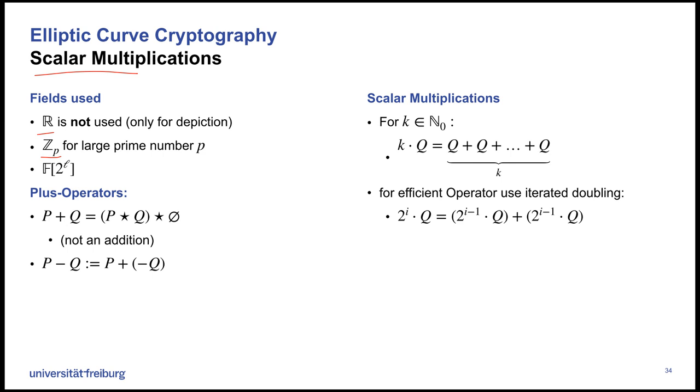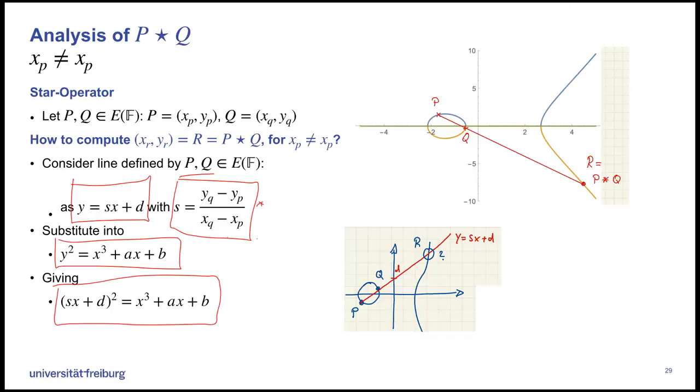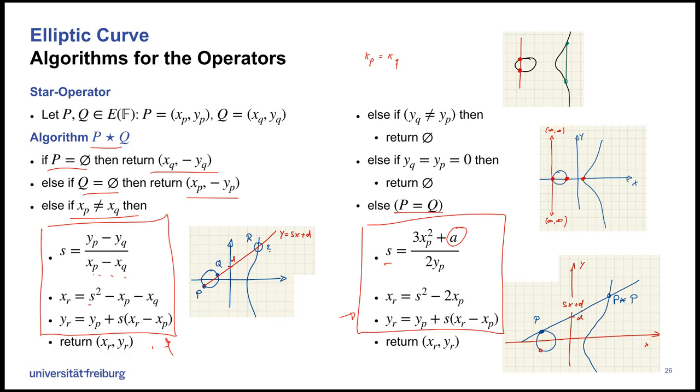We could work in residual fields modulo P, or we could use a Galois field with 2 to the L. Warning, the formulas that we have shown work here, but they don't work here. I can show you why. It does not work because we are dividing by 2 at this point, which is something we cannot do in the residual fields.